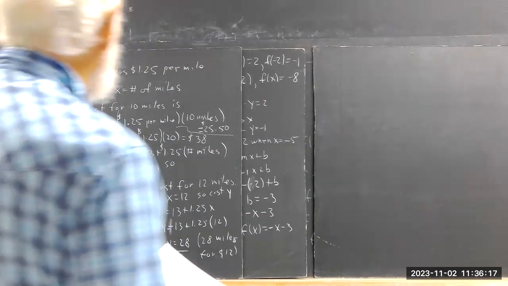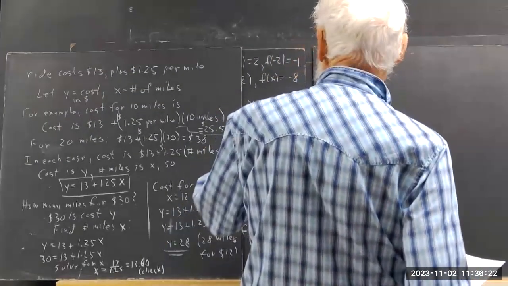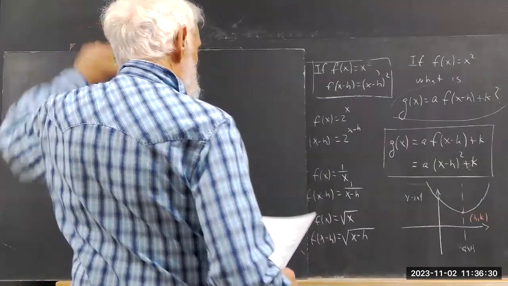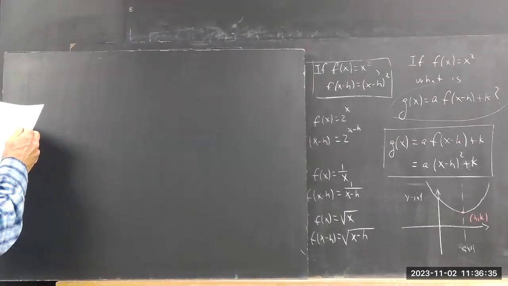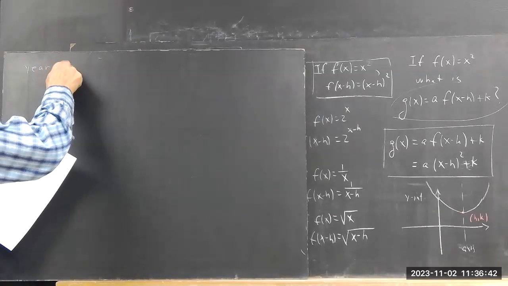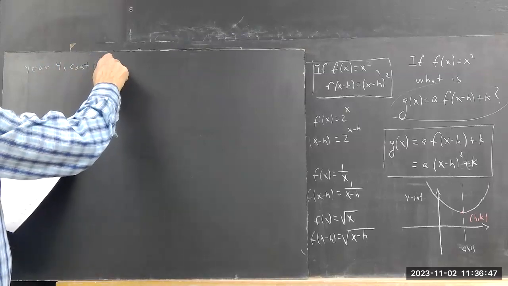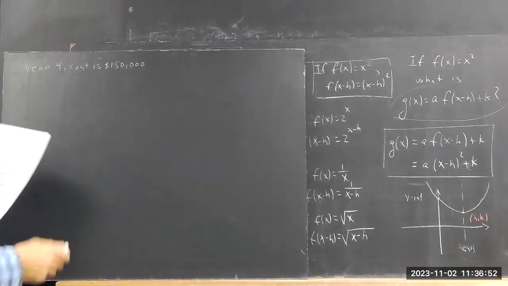Now, I'm not going to break it down quite as far as the previous. But let's do one about housing costs. In year 4, the cost is $150,000.